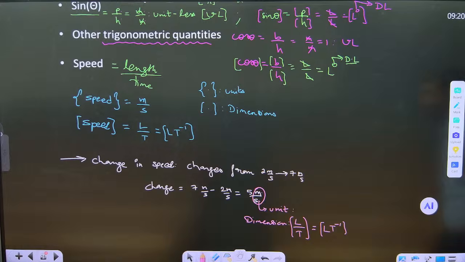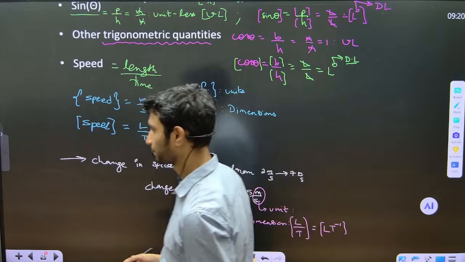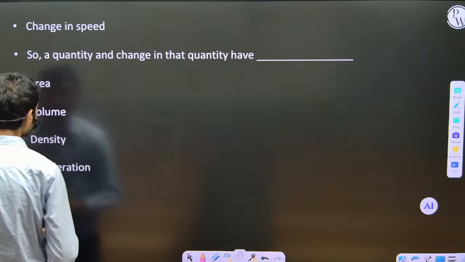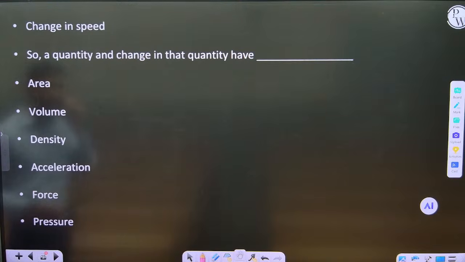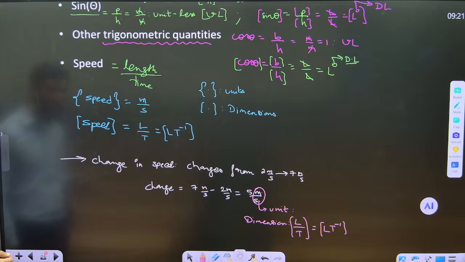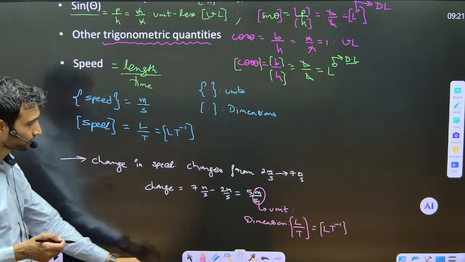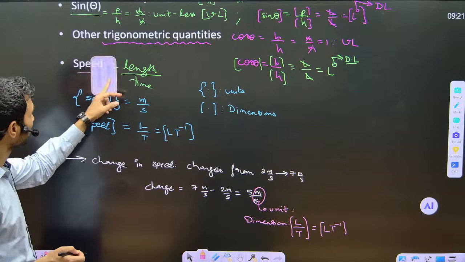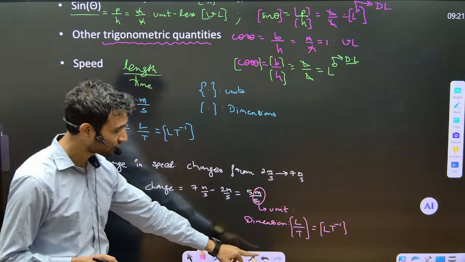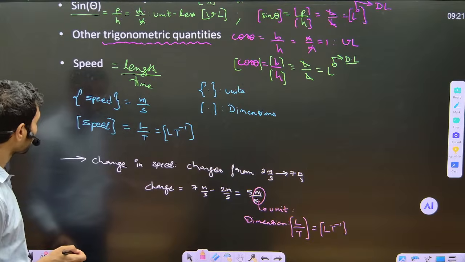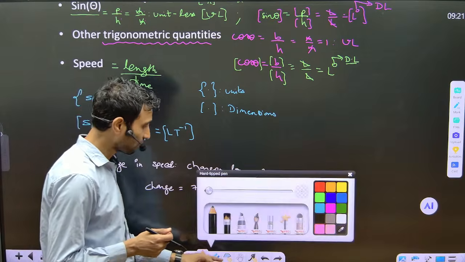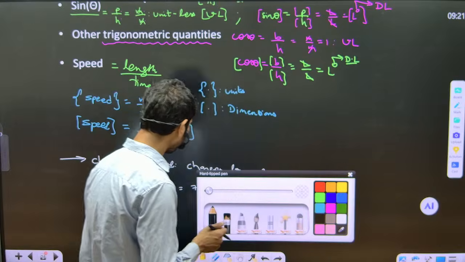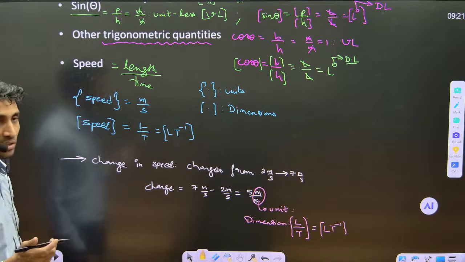Fine. So let us go ahead and talk about more things. What did we see when we saw speed and also change in speed? What did they both have in common? We found out that they both have the same unit and dimensions.